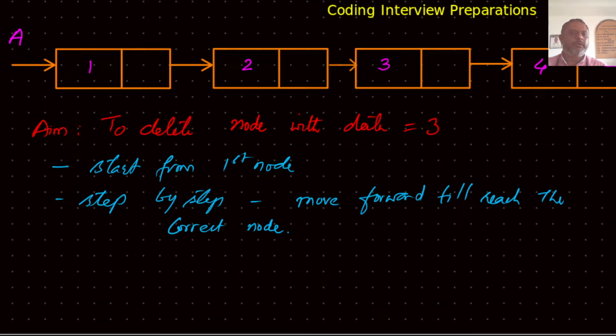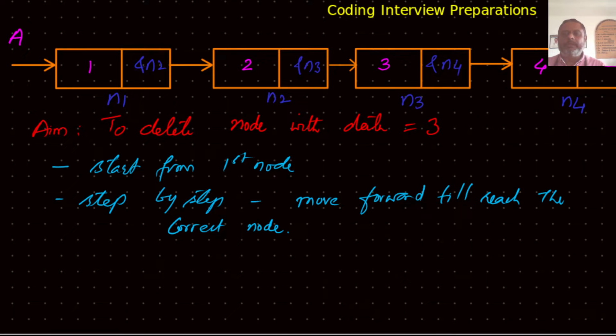So let me call these node 1, node 2, node 3 and node 4. Here we have placed the address of node 2. Here we have placed the address of node 3, and here the address of node 4.